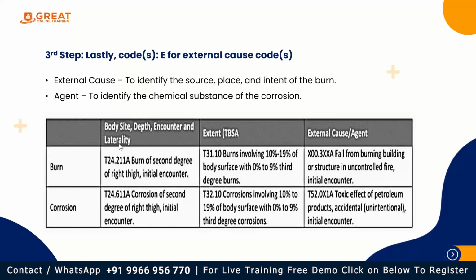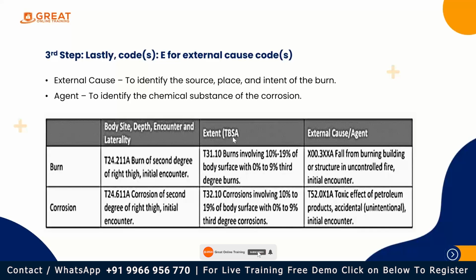The first code will depend on body site, depth, encounter, and laterality. So suppose T24.211A burn of second degree of right thigh, initial encounter. Okay? This first step may include more than one code.